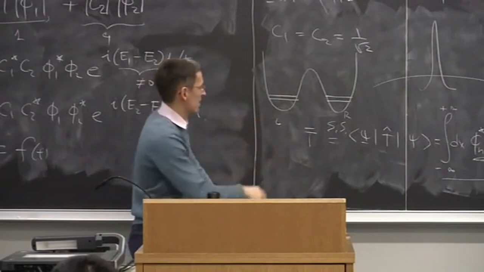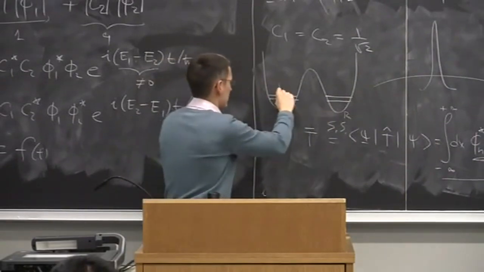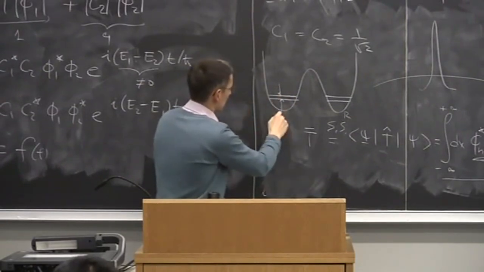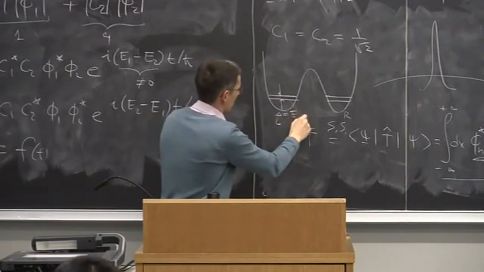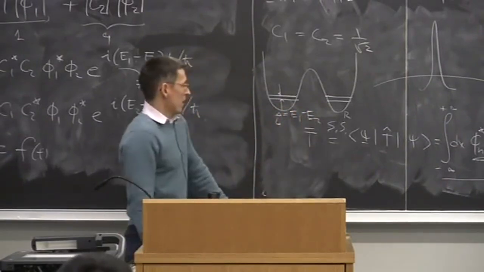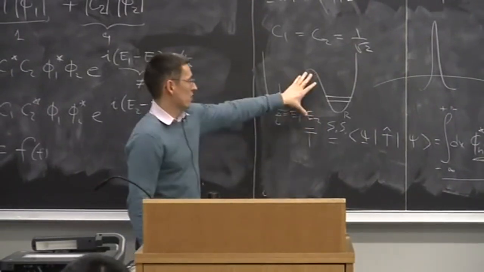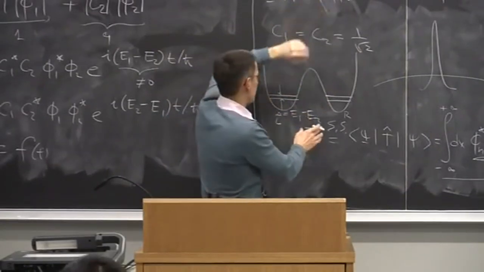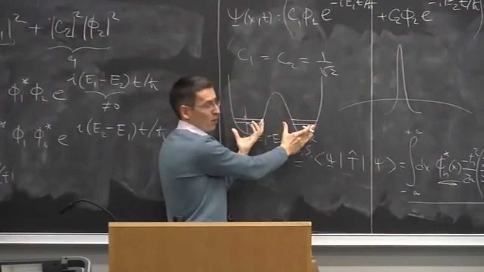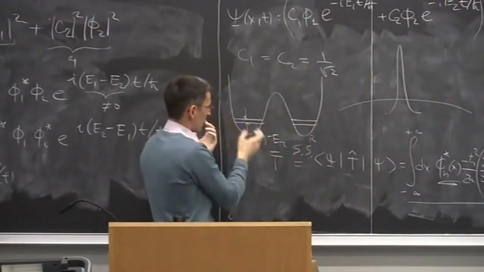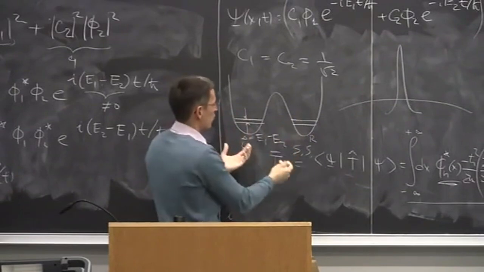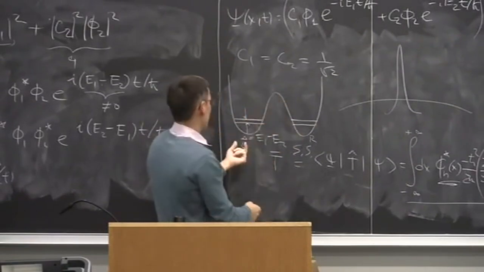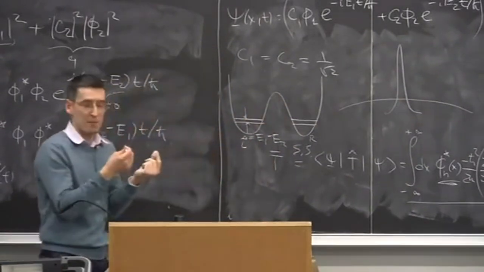delocalized eigenstates of this problem, and the energy gap delta, that is E1 minus E2, is actually very small, because the higher the barrier, it turns out, if you push the barrier to infinity, you will have two independent parabolas, one will have E1, another will have E2, they will have the same energy, and the gap will be exactly zero. But if the barrier is finite, that gap is slightly above zero.